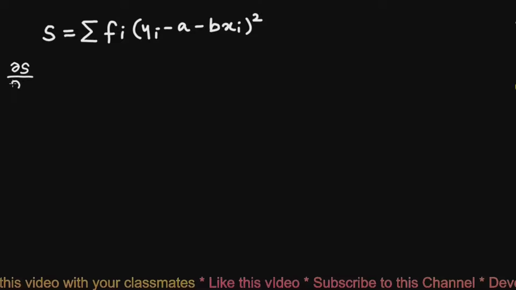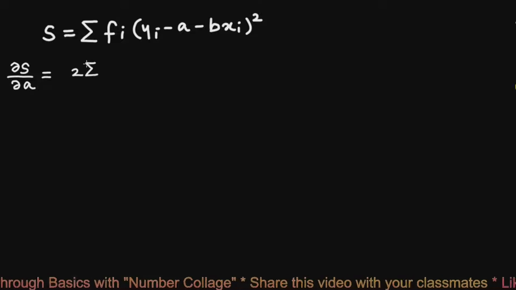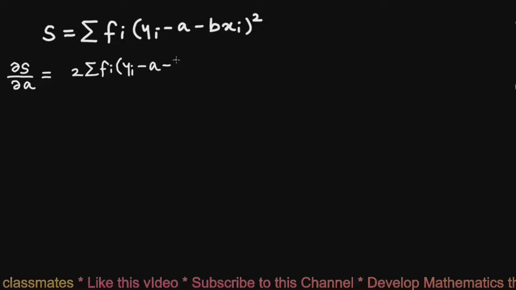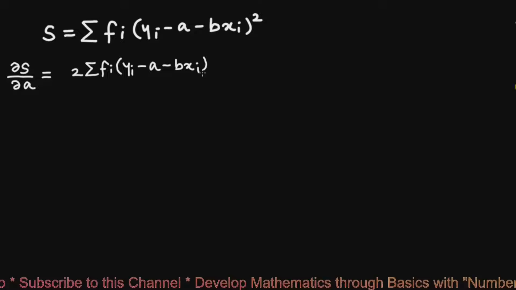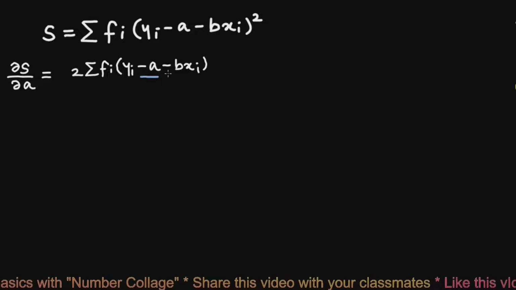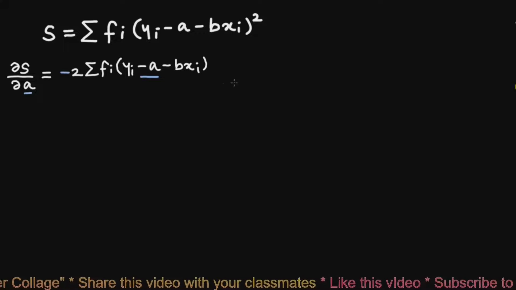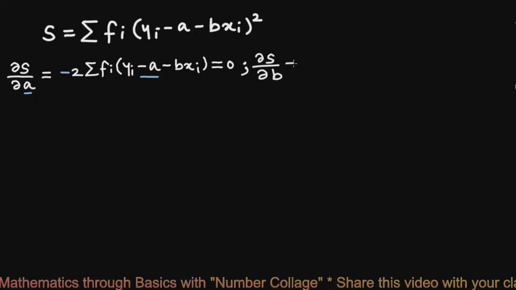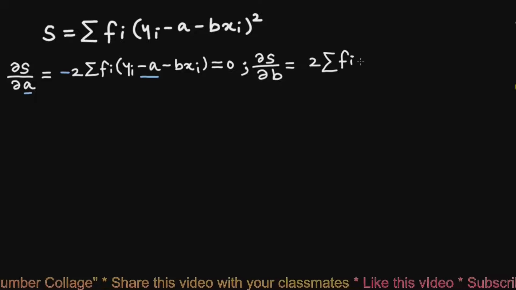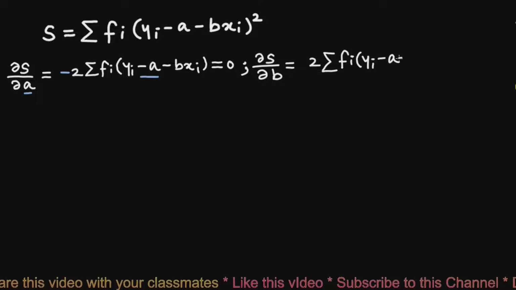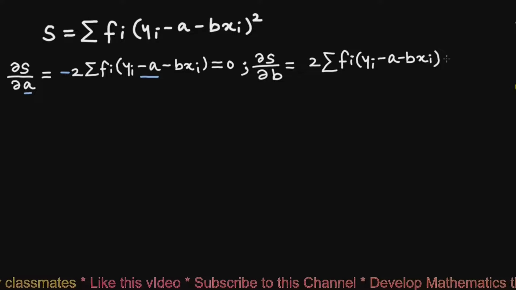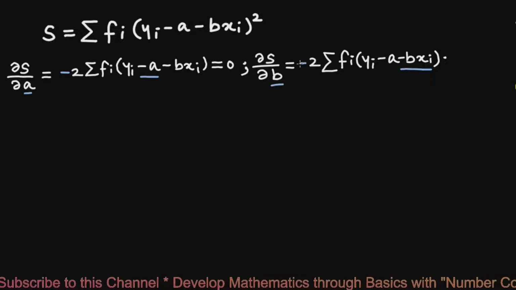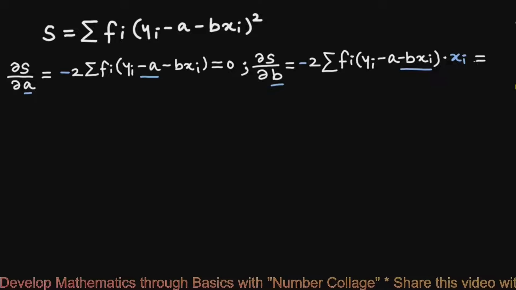So ∂s/∂a will be 2 summation fi into (yi minus a minus bxi) multiplied by derivative of minus a with respect to a, which is minus 1, equals 0, and ∂s/∂b will be 2 summation fi into (yi minus a minus bxi) into derivative of minus bxi with respect to b, which is minus xi, equals 0.